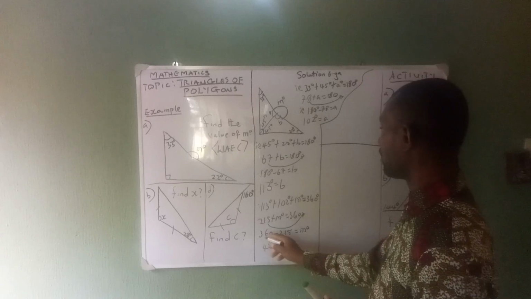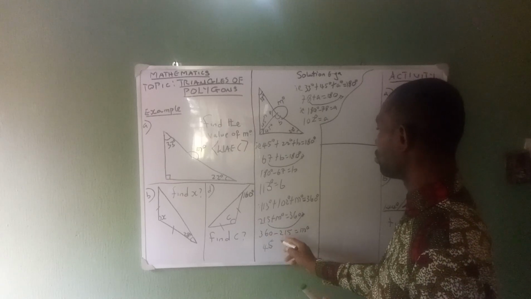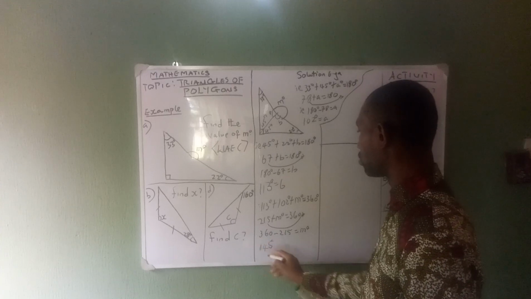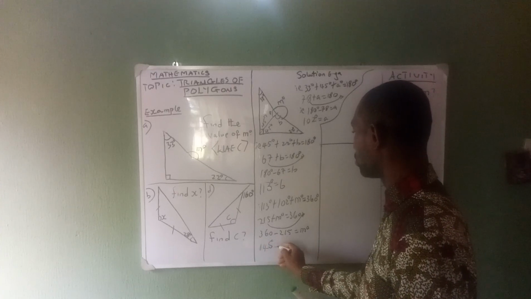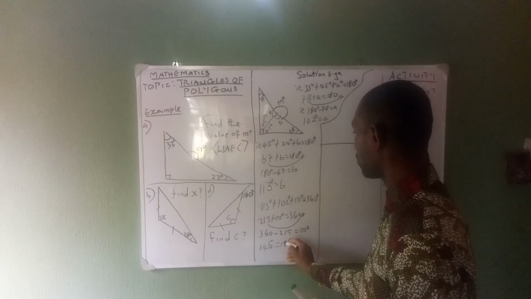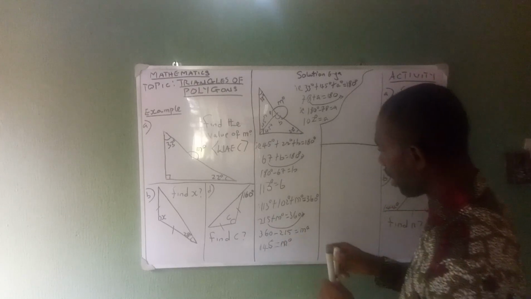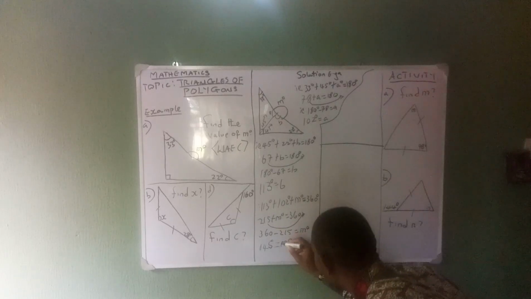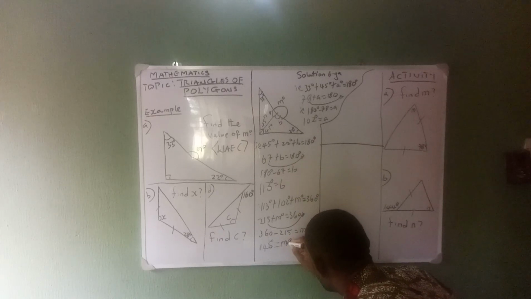Then 3 minus 2 will give us 1, which is now equal to m degrees. So our m degrees is equal to 145 degrees.